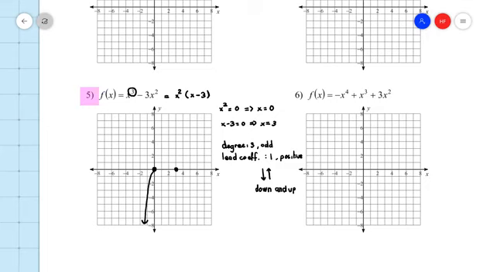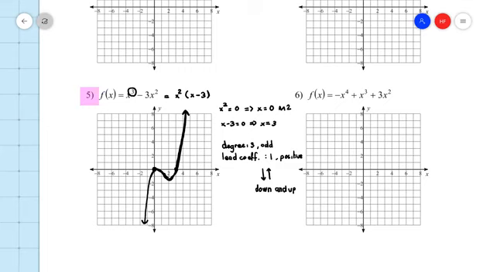So I need my graph to hit this point because it has a multiplicity of 2, and then go through that point. So remember what our multiplicities do to our graphs. Multiplicity of 2 here. So we're going to bounce through that point, not go straight through it, and then on the other one, the 3, we're going to go straight through it. So when we're finding the number of turning points, we are increasing, then we're decreasing, then we're increasing.